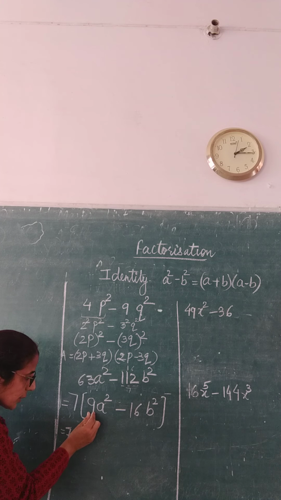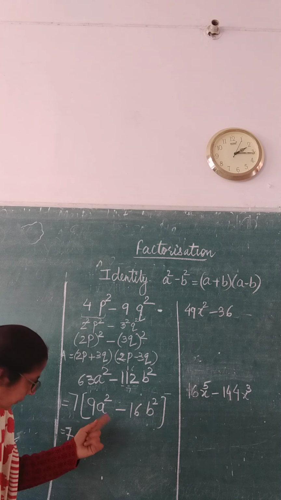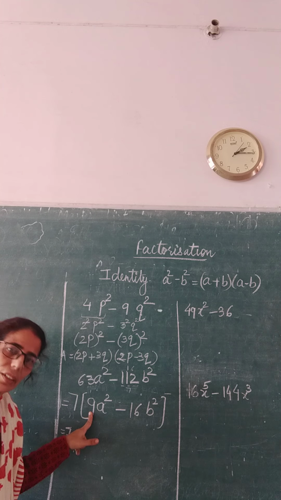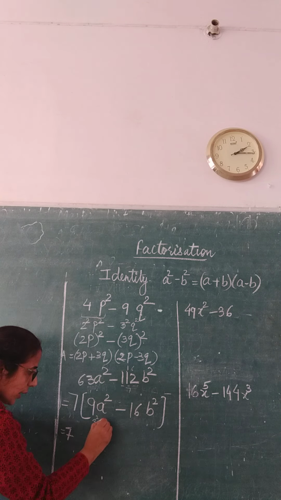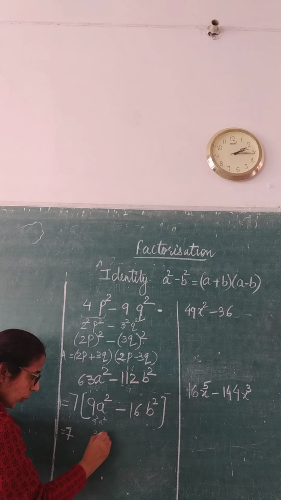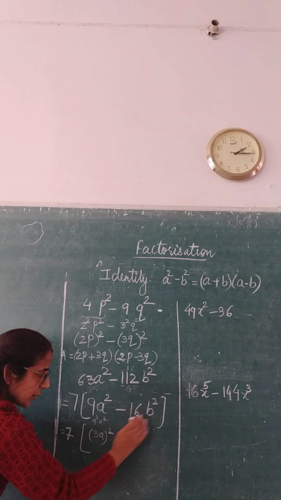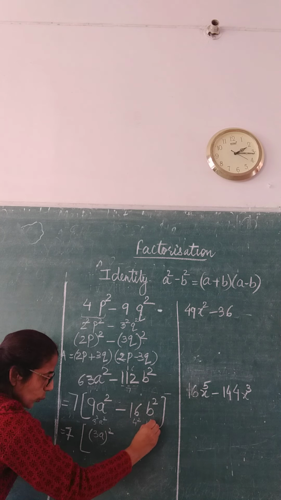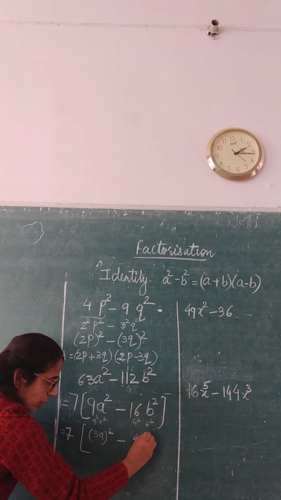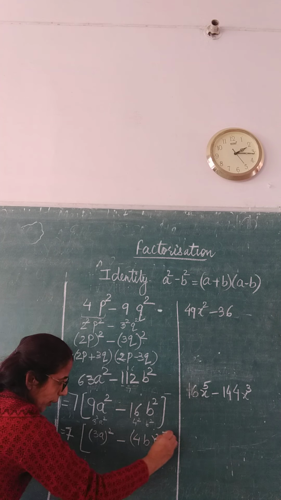Now, can I write it as a square of any number? Yes. 9 can be written as 3 square, 3 square a square, so I can write it as (3a) whole square. And 16 is 4 square b square, so it can be written as (4b) whole square.